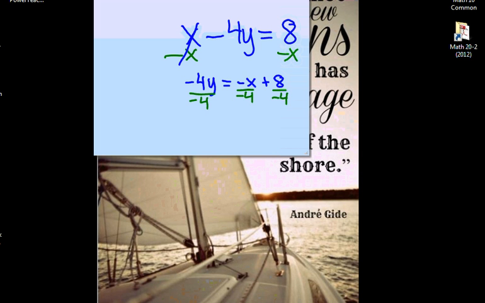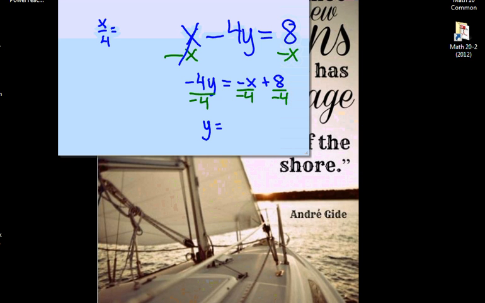Okay, so let's talk about what happens here. Do the negative 4's cancel out? Yes. So we have y equals. We want to turn that into a fraction. First off, 2 negatives, what will that equal? A positive. So we have x over 4. What's the coefficient in front of x beforehand? It was just a 1.